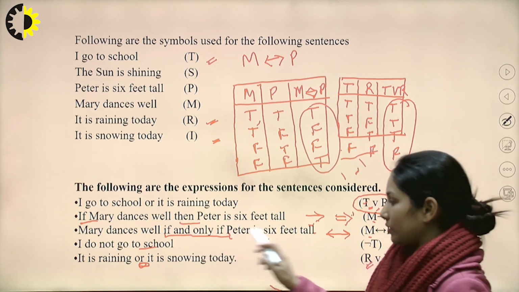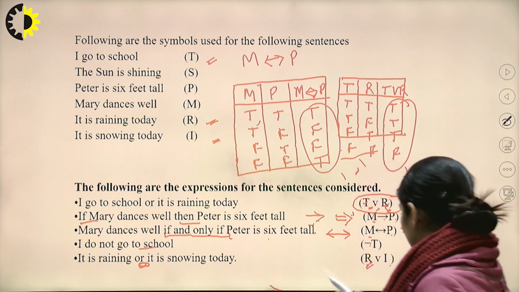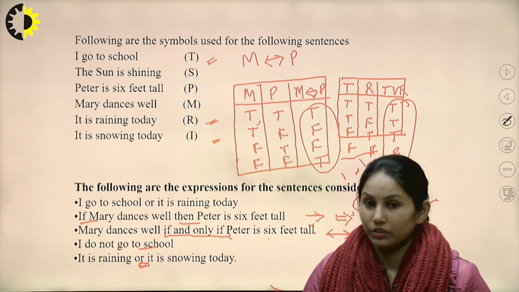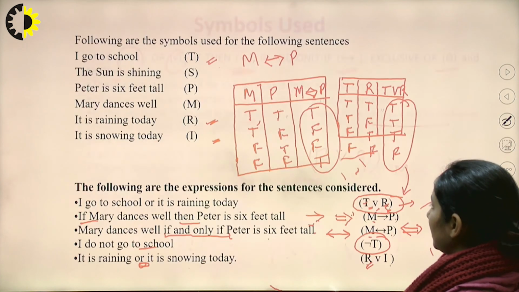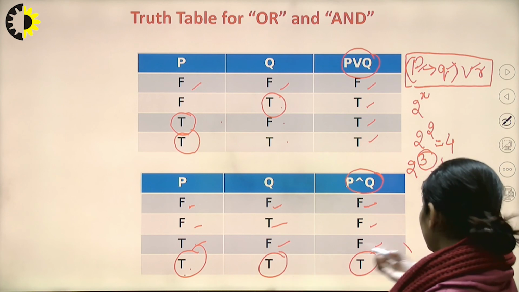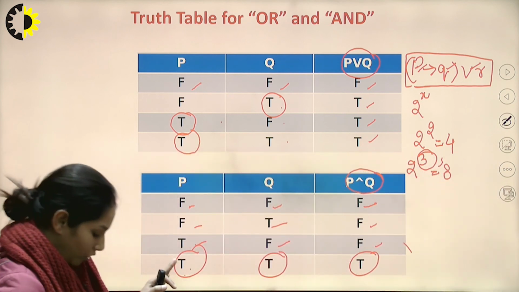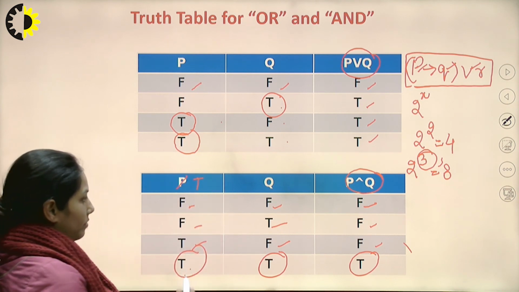Now let's take another example for negation of T. What would be the truth table for negation T? Suppose this is P, or you can say this is T; I have changed the variable from P to T here.